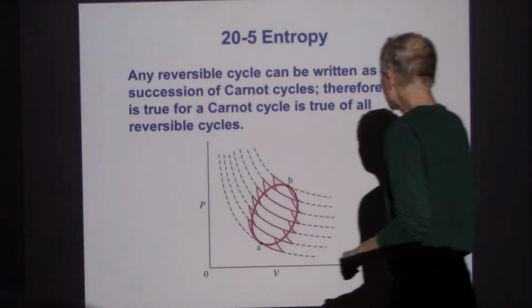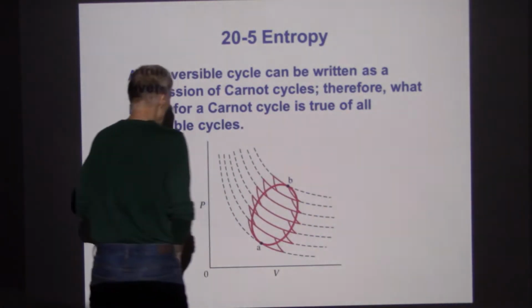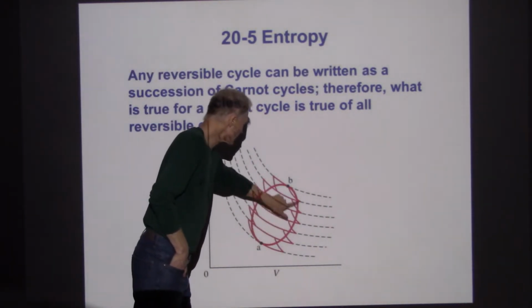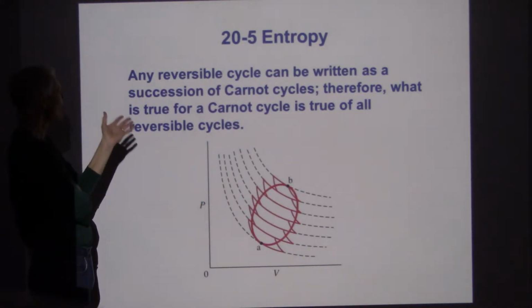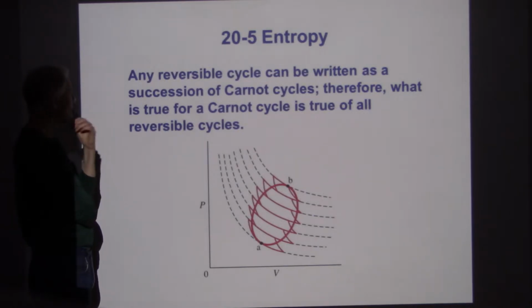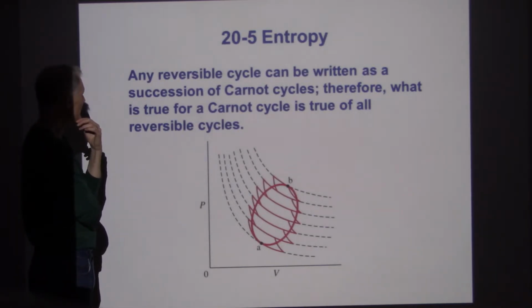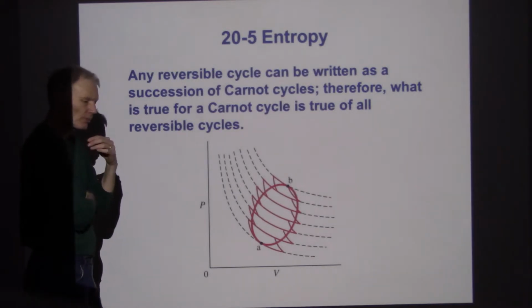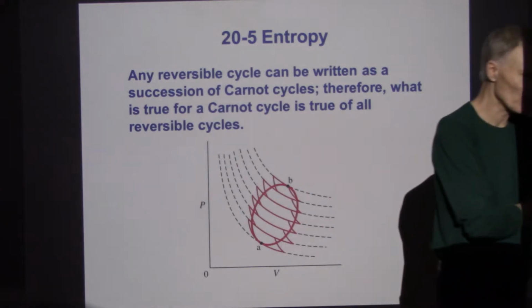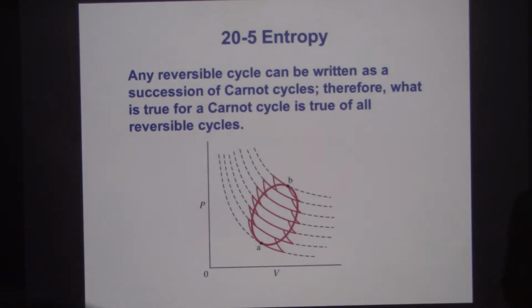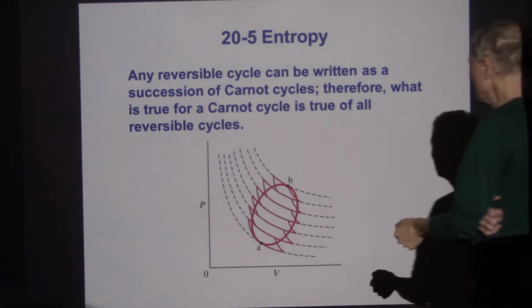Now, another thing to keep track of with entropy, as we're looking at these thermodynamic cycles, is that any reversible cycle can be written as a series of Carnot cycles. So we can have very high efficiency engines that are not necessarily Carnot cycles.